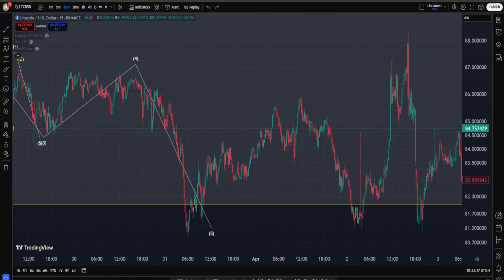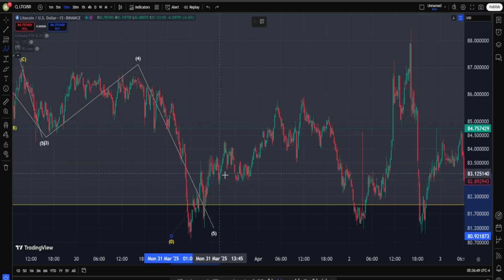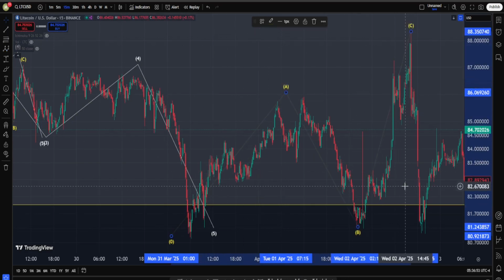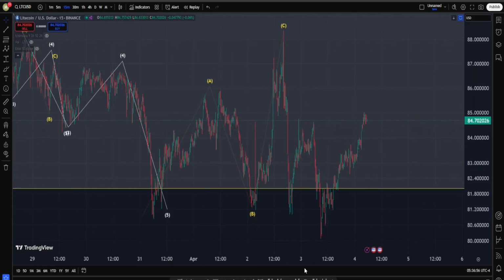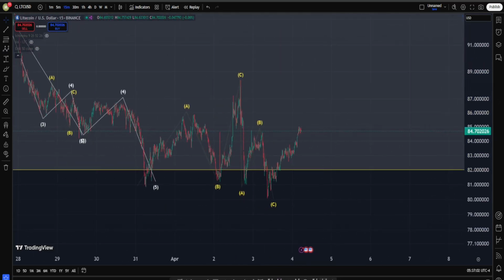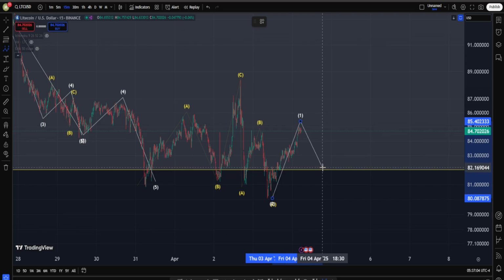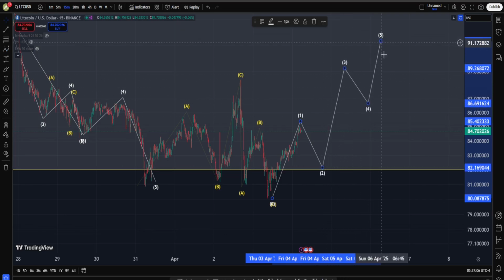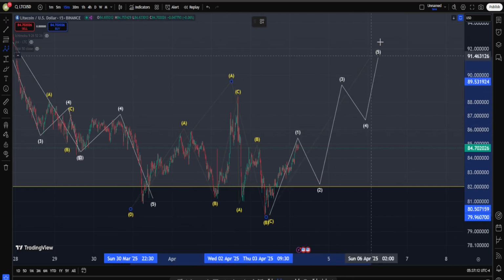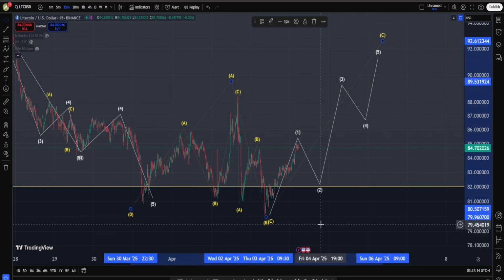You can argue maybe this is going to be an A, B, C structure on the upside, followed by an A, B, C down, and there is a chance that this might be a 1, 2, 3, 4, 5 wave up, and on a higher degree, these are the clear sub waves for an ABC in the form of an expanded flat.